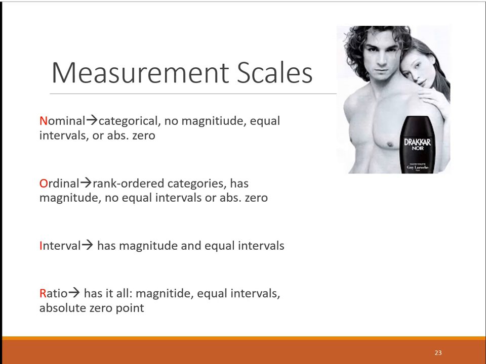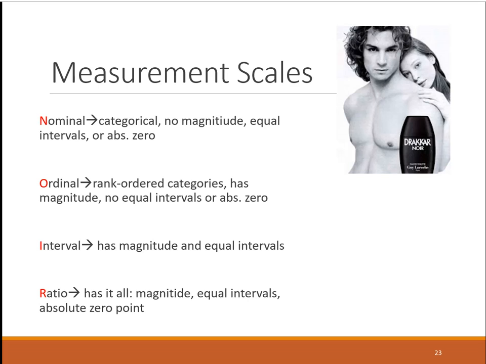So something like a self-esteem scale: if there's a 0 point on the scale, it doesn't truly mean that you have the complete absence of self-esteem. It probably means you have very low self-esteem, but it does not mean the complete absence of the property that's being measured. So for ratio, 0 must truly mean the complete absence of the thing that's being measured.